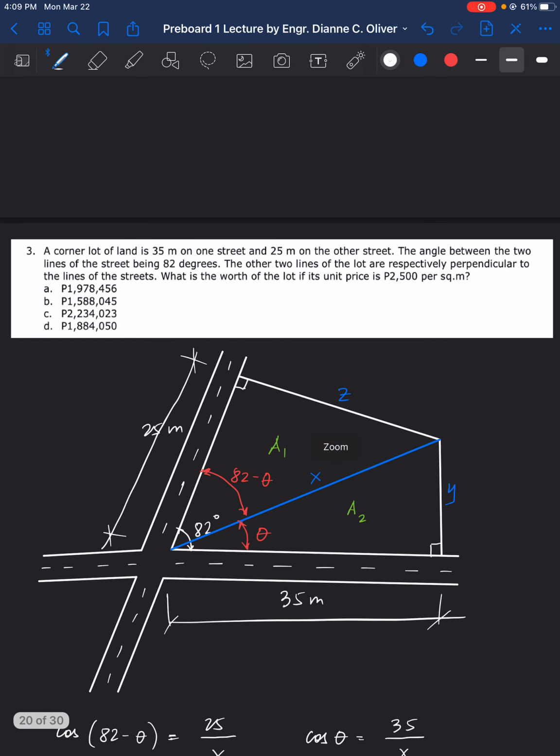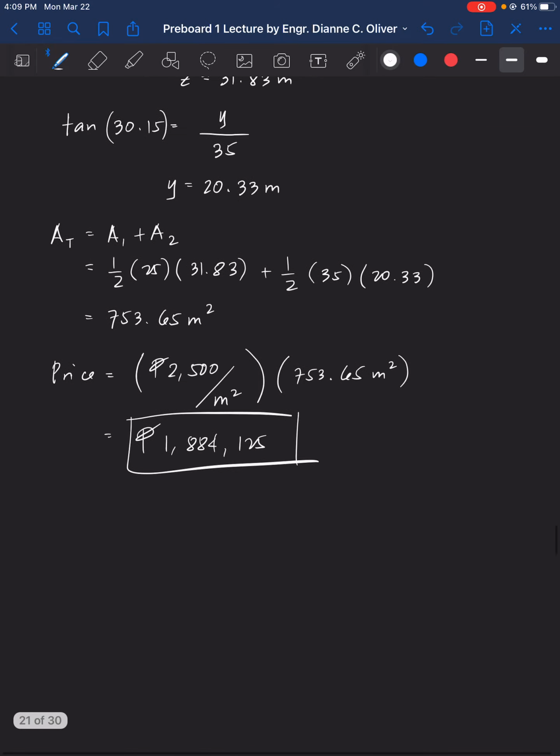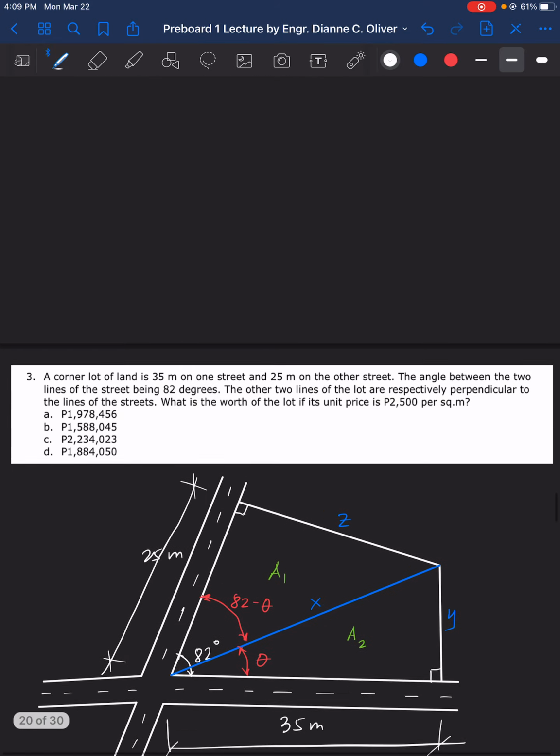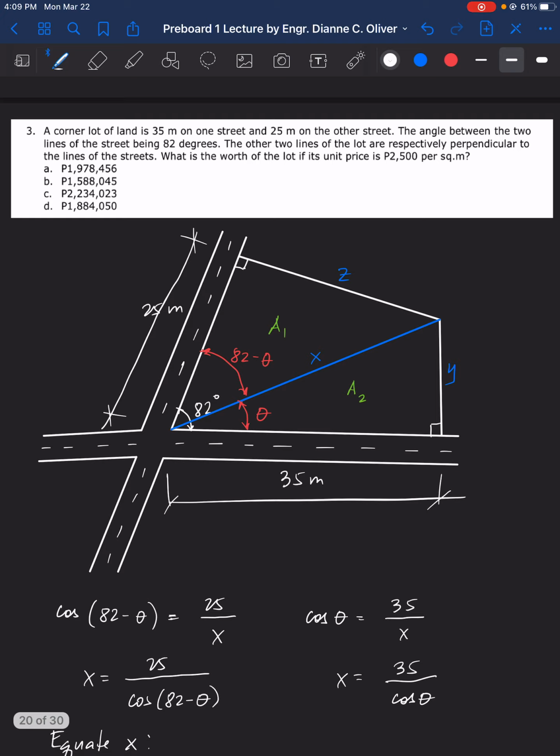What choice is it nearer to? The one nearer to it is letter D, 1,884,050 pesos. So that is for number 3.